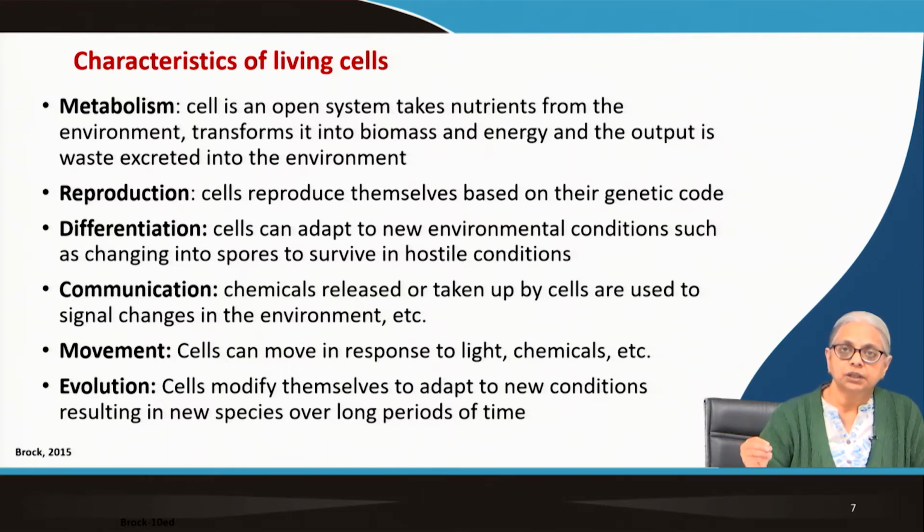Is it dependent on others, or is it capable of taking up nutrients from the environment, transforming it into biomass and energy, and excreting what is not required? So the first thing is metabolism. The second thing is reproduction. The cells have to be able to reproduce themselves based on their own genetic code. The third is differentiation. The cells need to adapt themselves to new environmental conditions.